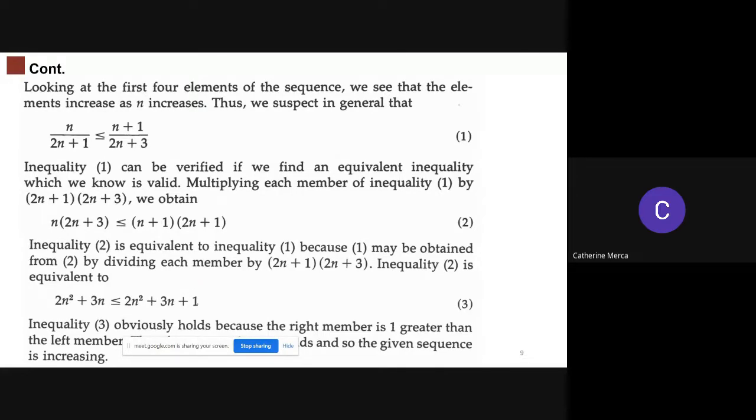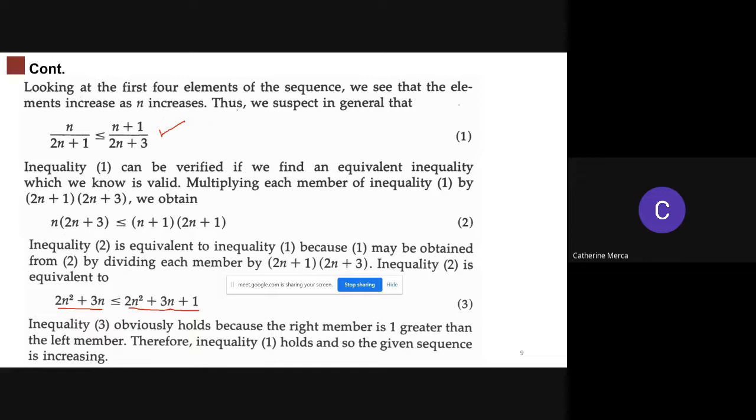So, the inequality holds, because the right-hand side has a plus 1. This one only goes up to here, but the other should be greater since aside from 3n, it has an additional 1. So, the sequence is indeed increasing, since you showed that it is true.